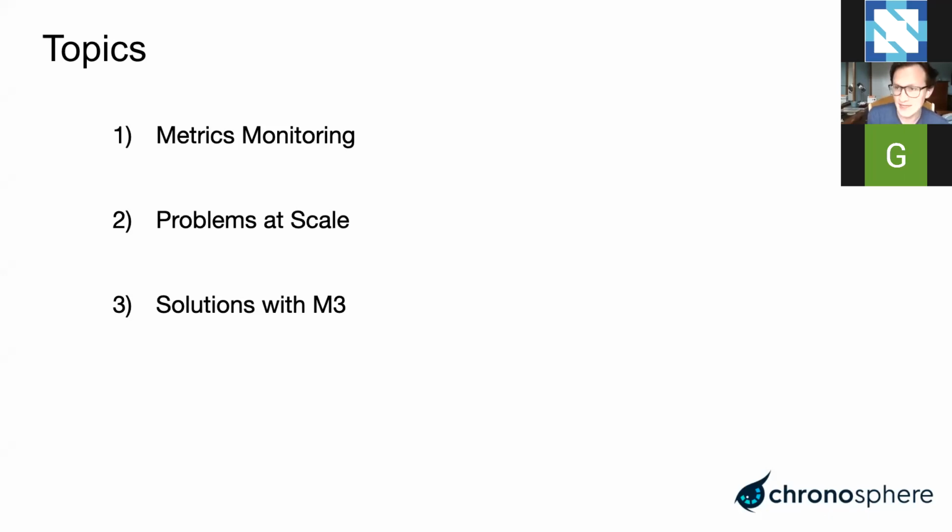The second piece is diving into the problems that come about in metrics monitoring, particularly when you reach certain scale. And then thirdly, we'll talk about how with the M3 project, we've sought to remedy a lot of these problems that we'll enumerate throughout the presentation.